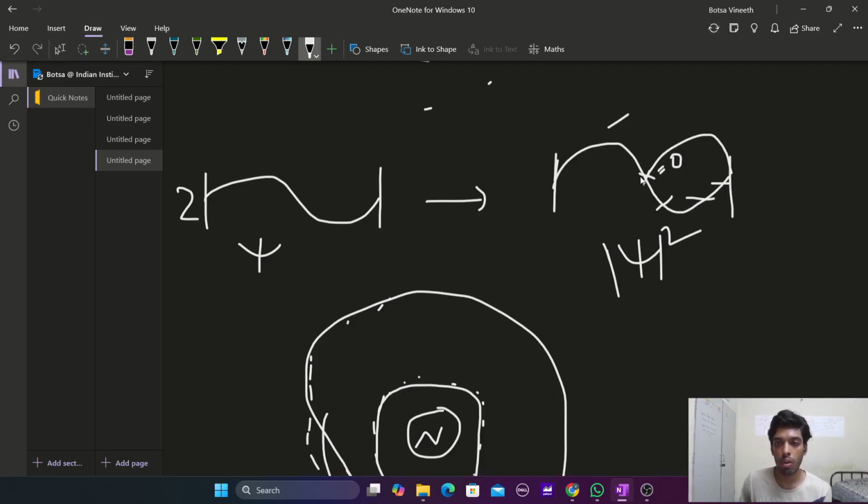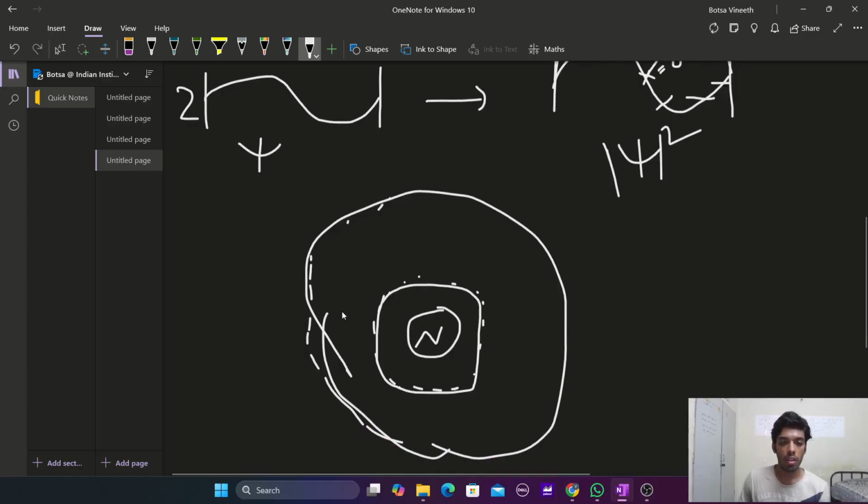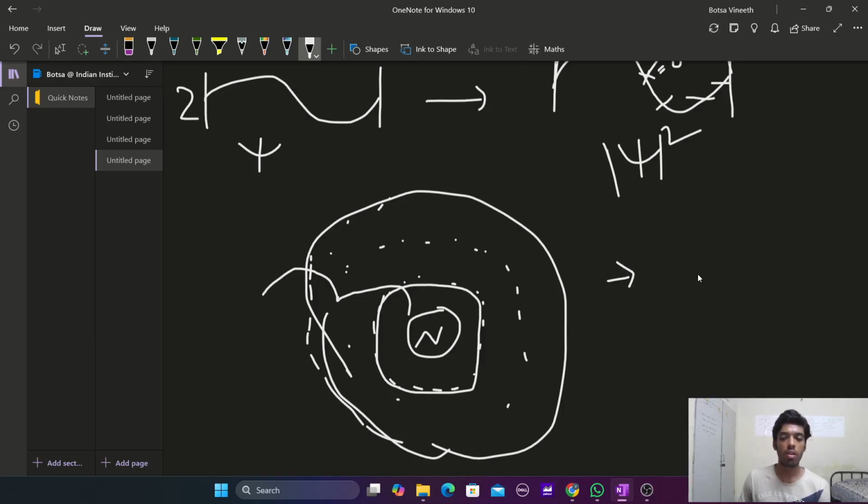So we have a node in between, and you won't find any electron in this region. This region in between is just going to be empty, and the probability of finding an electron at that shell is actually zero. So you have a peaking probability here, then it goes to zero, then it goes high, and then it goes to zero. So this is called 2s.